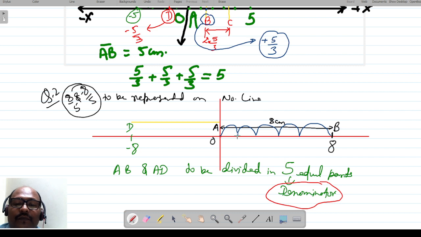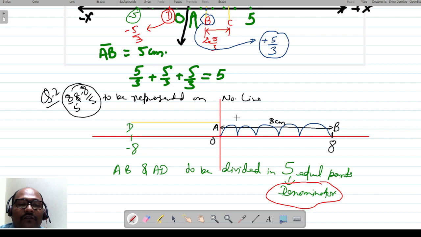So we have to take 8 divided into 5 equal parts, right? So 8 by 5. 8 by 5 is a number which is when 8 is divided into 5 equal parts, that one part needs to be taken.